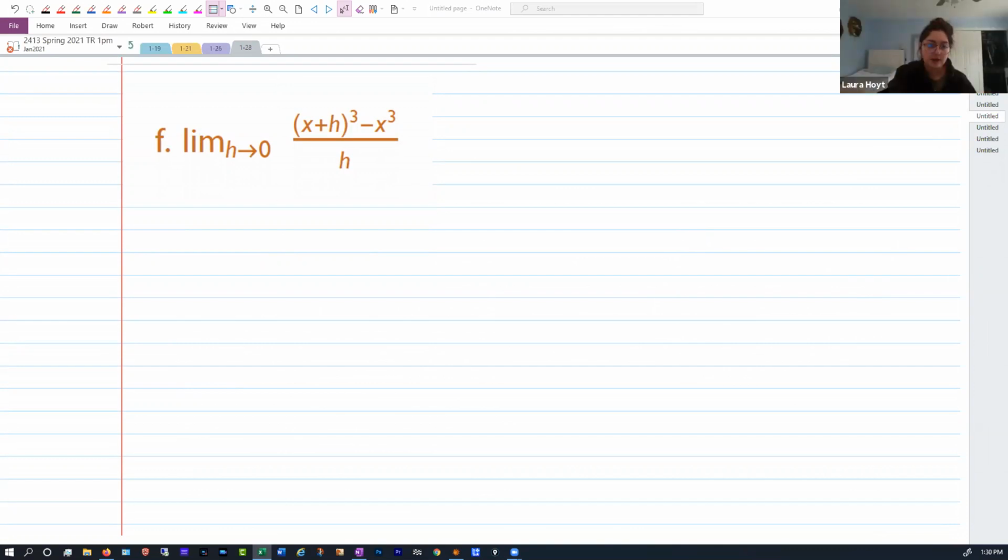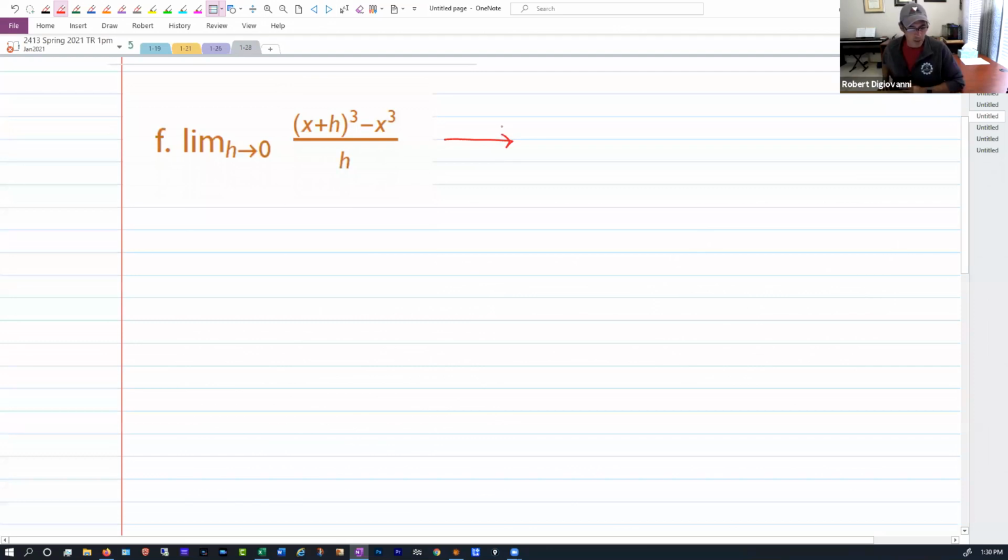I would first try direct substitution. Okay, so you're going to be replacing what with what? Replace h with 0. Okay, so be careful, everyone, because even though there are x's in this expression, the limit has h going to 0. So we replace h with 0.